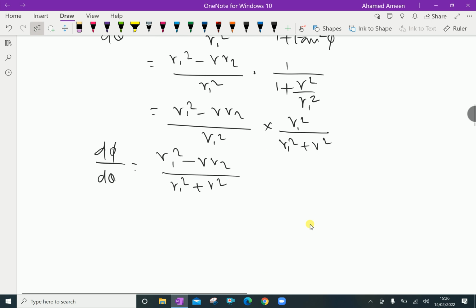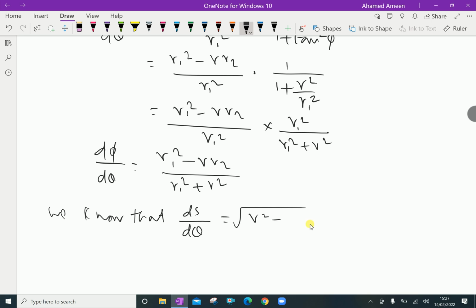We know that ds by d theta equals the square root of r squared plus r1 squared.